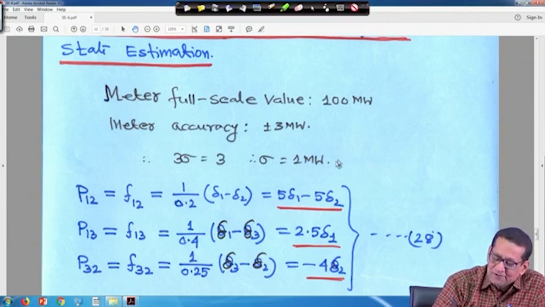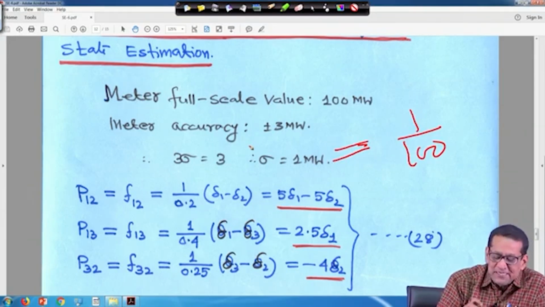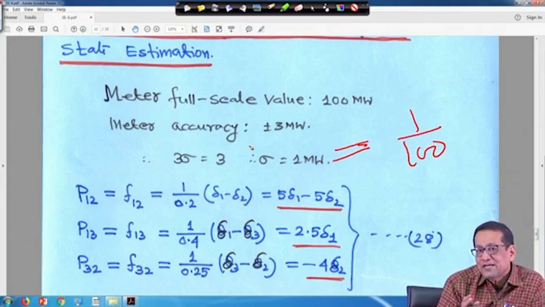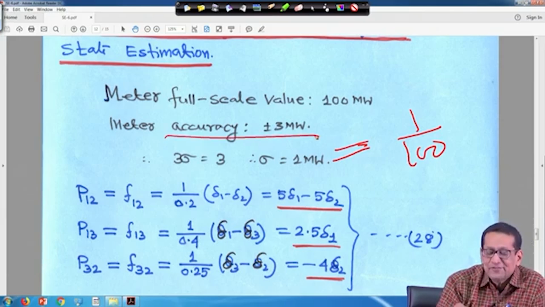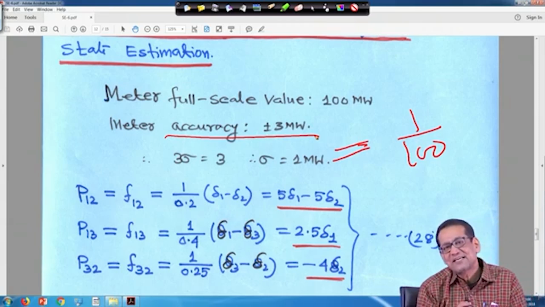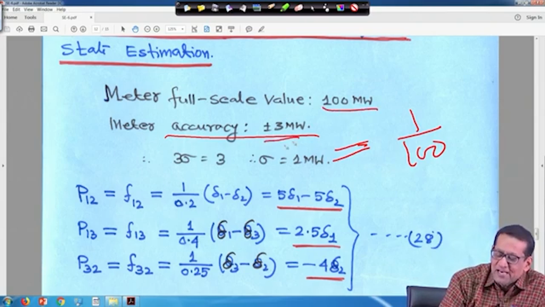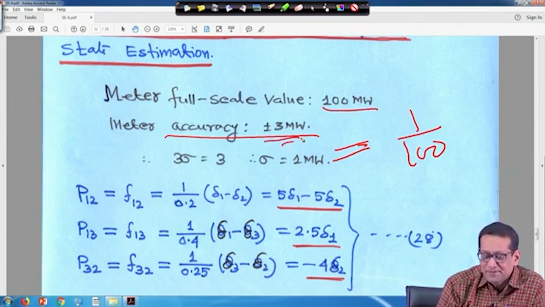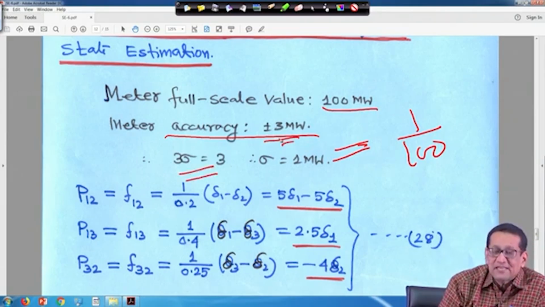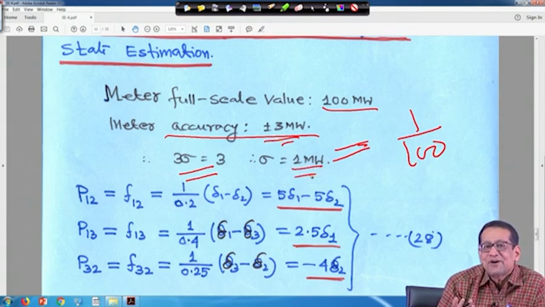This sigma is actually 1 upon 100, because of the meter accuracy. If you look at the meter, ammeter, voltmeter, the accuracy will be given as, say, plus minus 3%. If it is given in percent, that means it is in per unit. But if the meter's full scale value is 100 megawatt and it is given plus minus 3 megawatt, that means 3 sigma is equal to 3, but we will take only sigma equal to 1, because in our case sigma square will come.